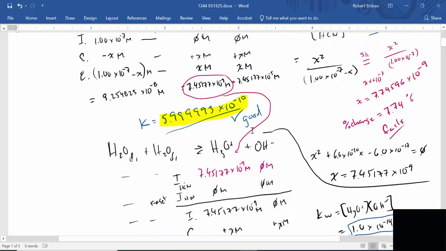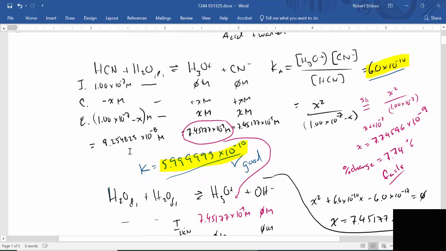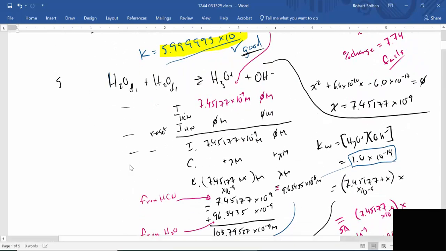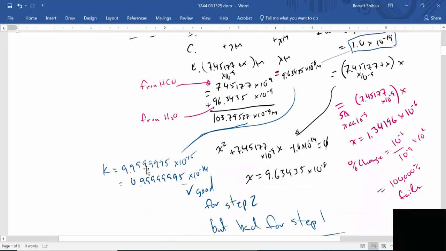So when I solve for step 2 here, let me label this. Here, this is step 1. Step 1, okay, looks good. Everything looks good, right? And then I move to step 2. When I move to step 2, it looks good.